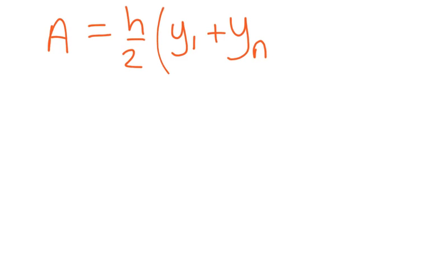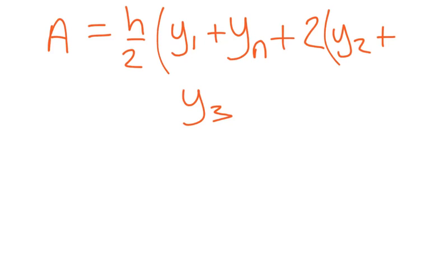So then we're also going to do plus 2 times y2 plus y3 plus all the y values that we have up until value y of n minus 1. So if we continue with the same example, that would be y2 plus y3 plus y4 if we had 5 terms. So that's what the n minus 1 term there means.